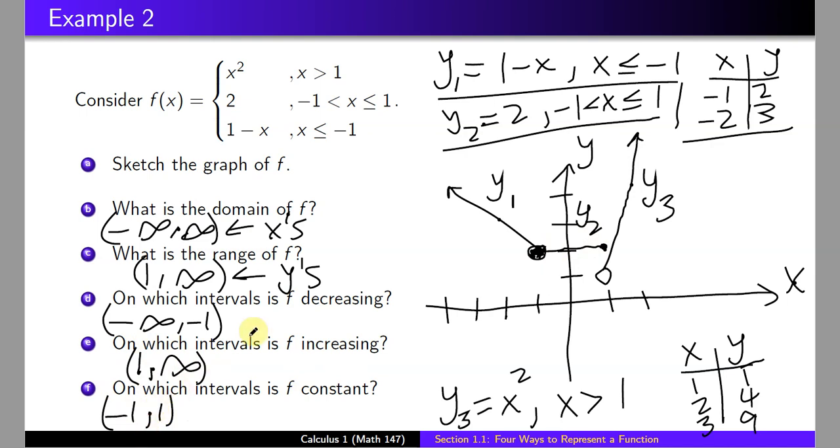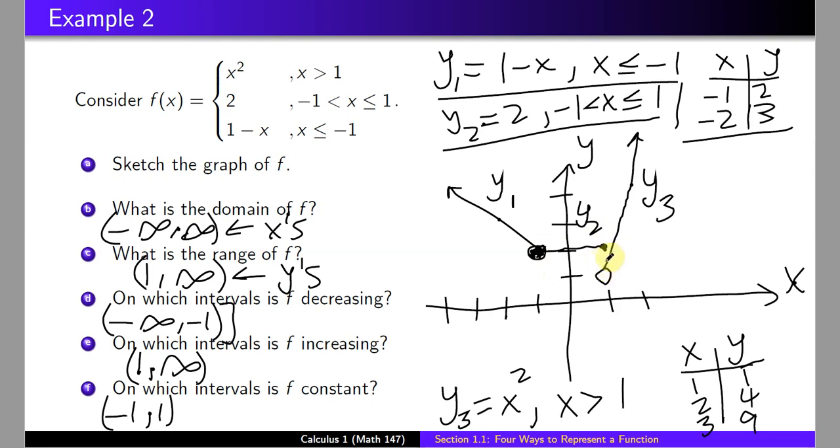Now notice that you may be tempted to say, well, why didn't we put a square bracket around minus 1, which means you can include minus 1? Because it was technically decreasing all the way down to minus 1. Well, this is because if we look at what happened here at the break from y2 to y3, you may ask yourself, well, should I include this one?